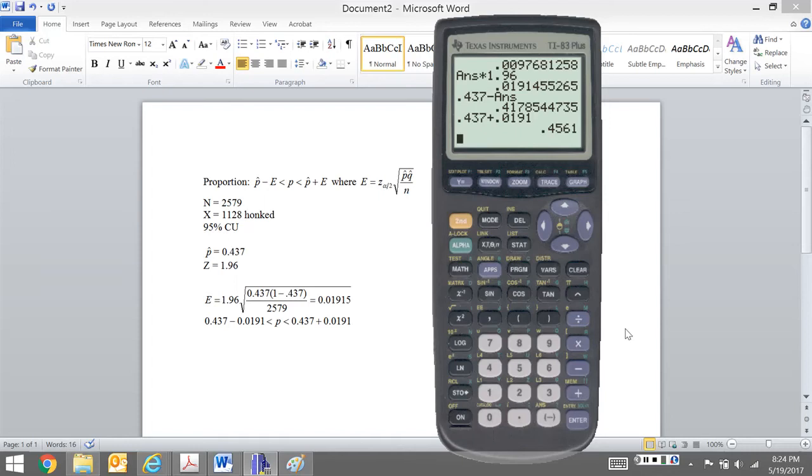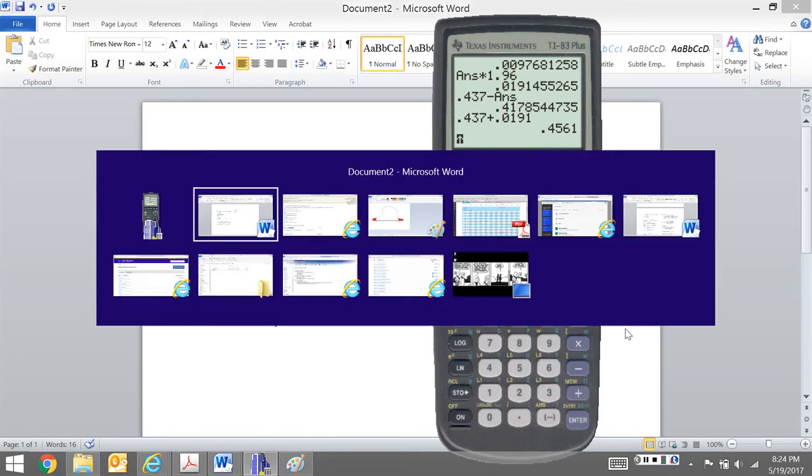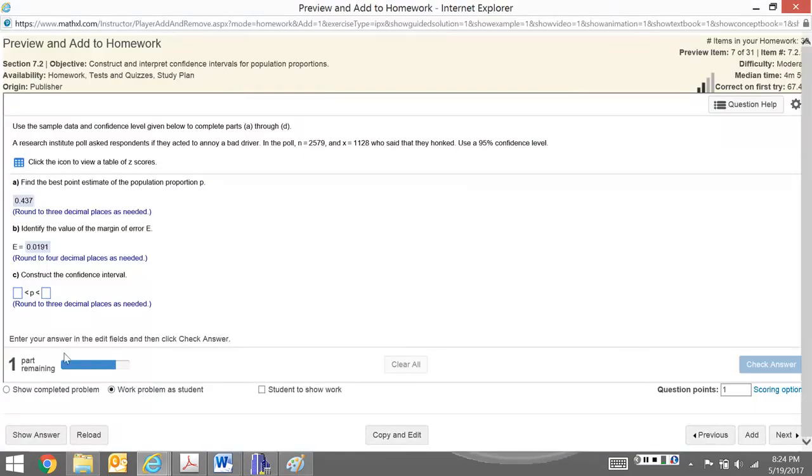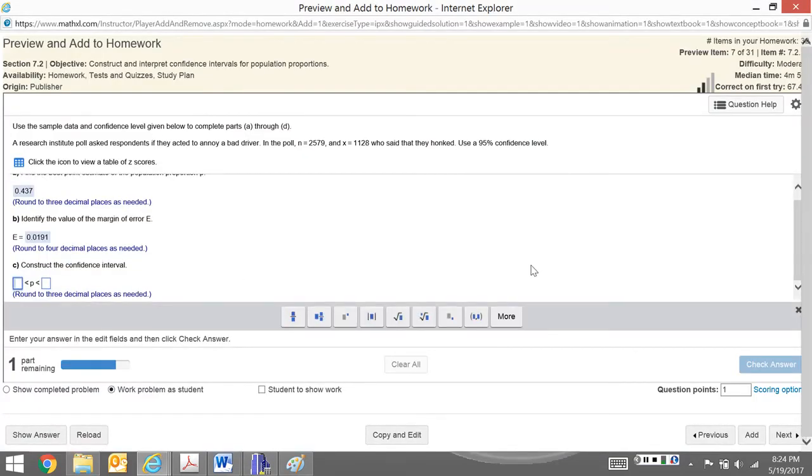So now my answers are 0.41785 and 0.4561. Let's go back and see how many decimal places they want. 3. So as I said, you always round to one more, so you would always keep 4 until you get to the end. So I'm going to put in 0.4179.